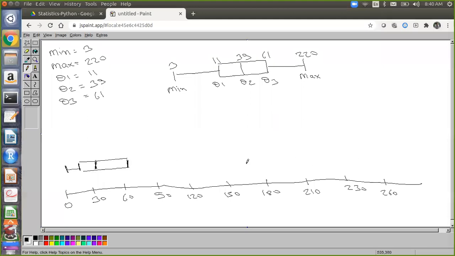Now 220 will be coming somewhere here. Now minimum, Q1, Q2, Q3, and this is your maximum value: 3, 11, 39, 61, 220. So this is the correct box plot.